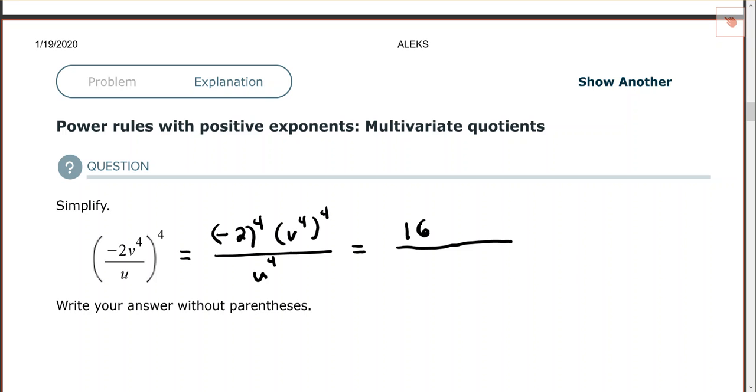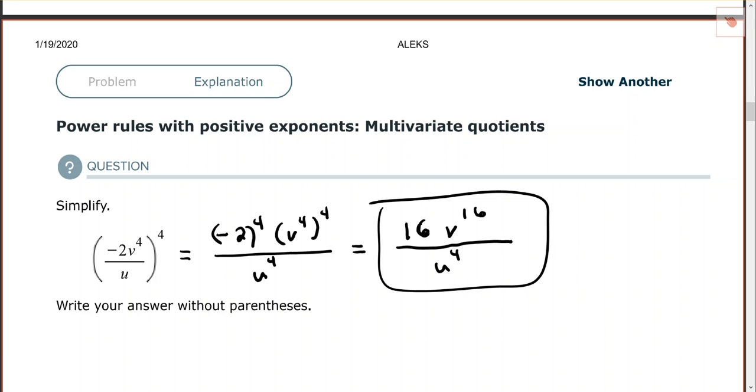And then v to the fourth raised to the fourth power, power to a power, multiply the exponents, v to the 16th, all over u to the fourth. All right, so we have positive exponents. We don't have anything that we can simplify. That is the final answer for that one.